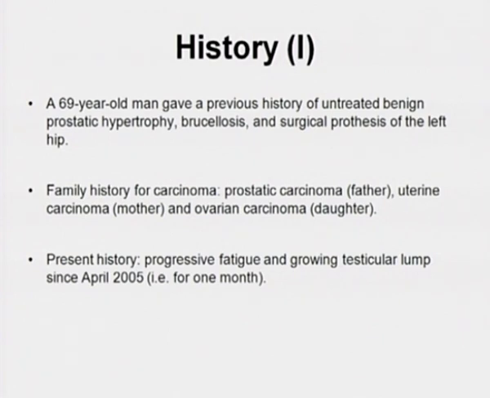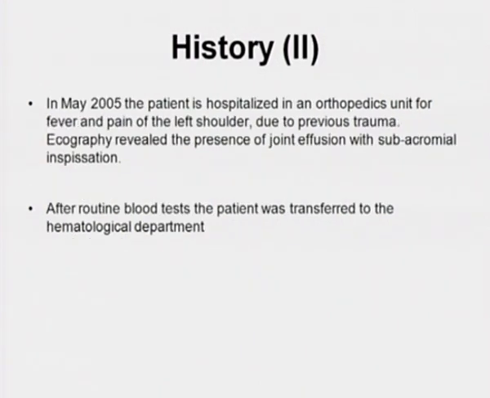He had a family history of carcinoma: father with prostatic carcinoma, mother with uterine carcinoma, and daughter with ovarian carcinoma. In the present history, he presented with progressive fatigue and a growing testicular lump, starting from one month before admission.